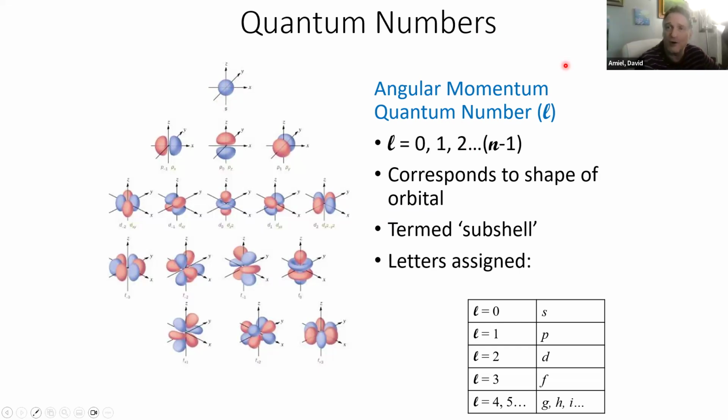It's got a very small probability of being there, but it is not a zero probability. So that is the second quantum number, L, given by the letters S, P, D, F. So whenever you see P, you know it's a dumbbell shape, you know there's three of them in equal energy, and so forth.